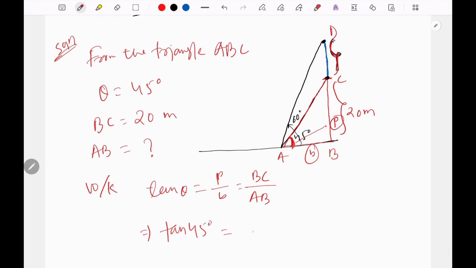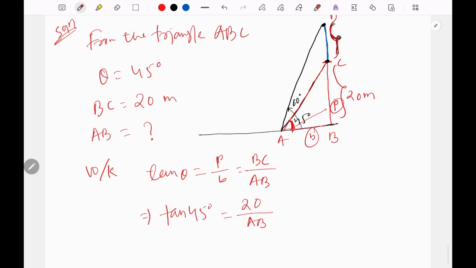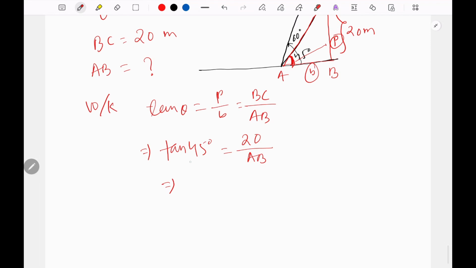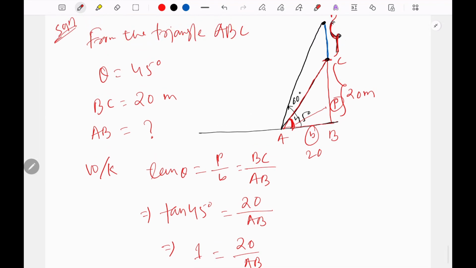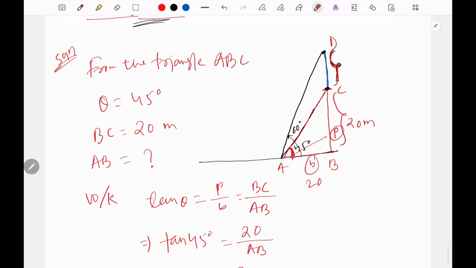So tan of 45 degree, BC is 20, AB we need to calculate. We know the value of tan 45 is 1, so 1 equals 20 divided by AB. So from here we can write AB is equal to 20. So now we got the value of AB. AB is also 20. So now what we'll do, we will take this triangle ABD.